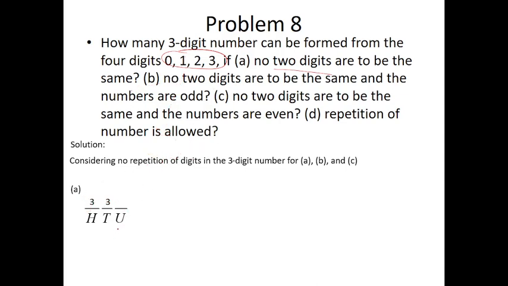For the last digit, there are already 2 numbers placed at the hundreds and tens places, so 4 minus 2, there will be 2 left that we can place at the units place. So the answer is 3 times 3 times 2, which is 18.